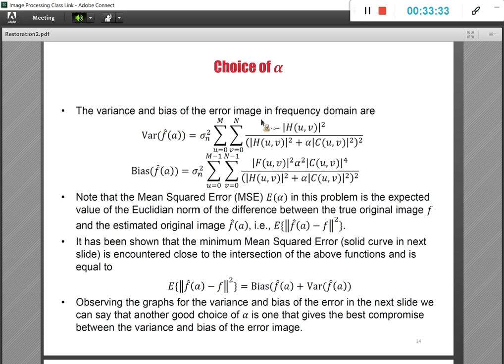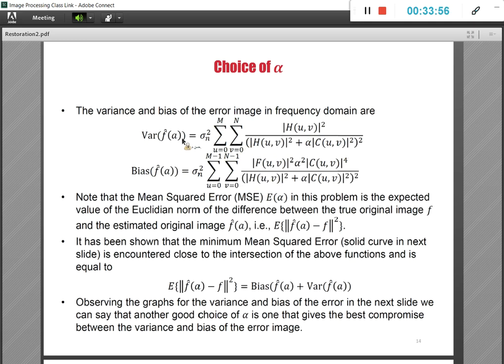Again, the variance and bias of the error image in the frequency domain are here. Variance of F hat is the variance of noise, sigma squared, summed over all items in the spectral domain, U and V, of H squared over (H squared plus alpha C squared), all of it squared.